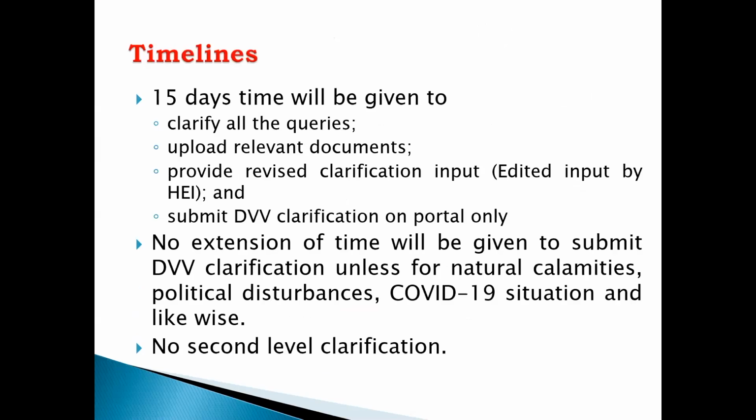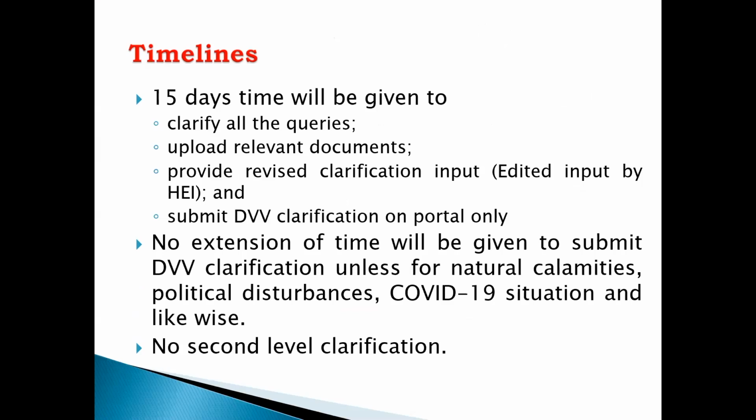Timelines are very important. Whatever clarification is asked by the DVV, it has to be submitted within 15 days. Please clarify all the queries, upload all the supporting documents, and provide the revised input by the HEI. All this has to be submitted only through the DVV portal.